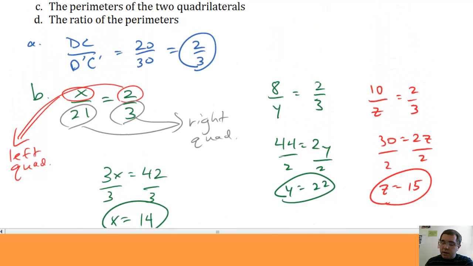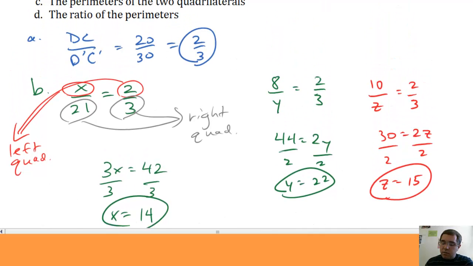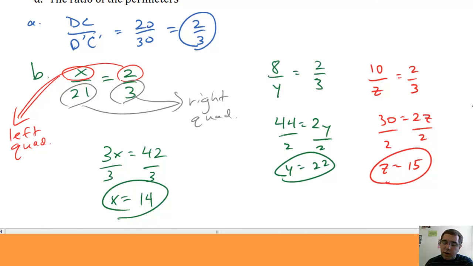I made a mistake. So when I found y, 8 times 3 is not 44. That's 24. I hope you were yelling at me and about ready to call the geometry police, because that's a big boo-boo.